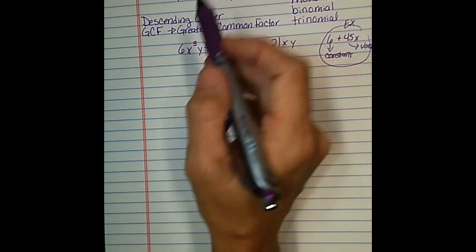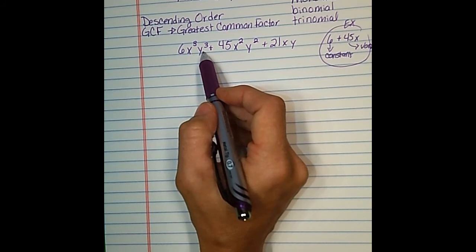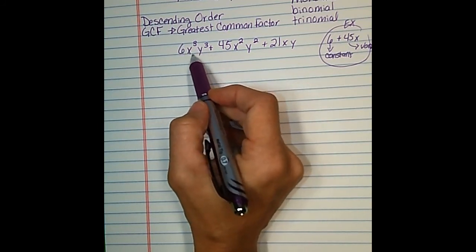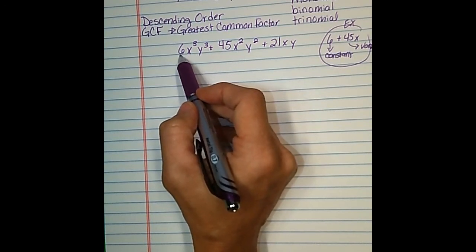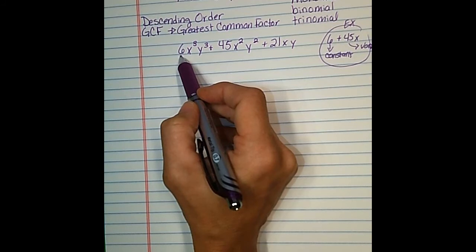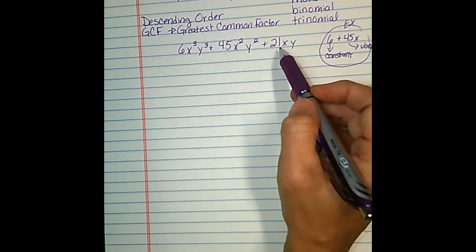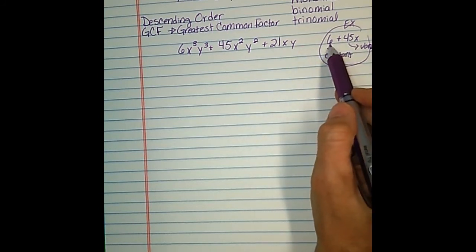Now, let's talk about the term. This term has a variable of x and the variable of y. The number directly in front of the variables is called a coefficient. So the coefficient here is 6. Coefficient here is 45. Coefficient is 21. Over here on this example where I was telling you that's the constant term, that coefficient is 6.